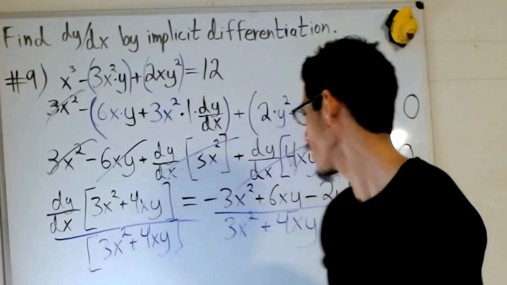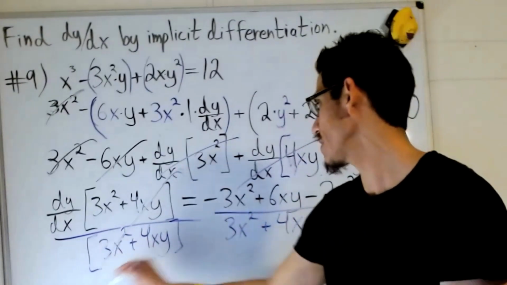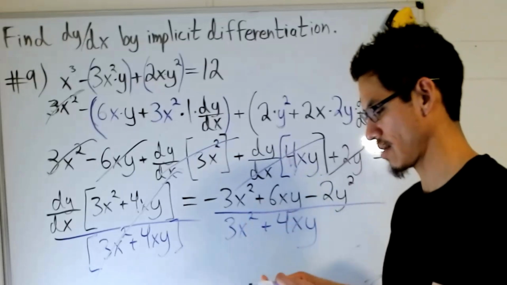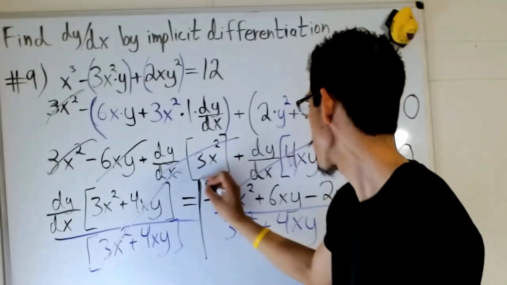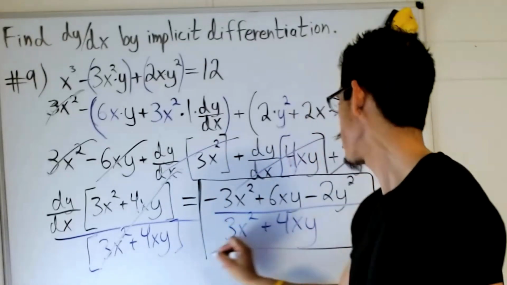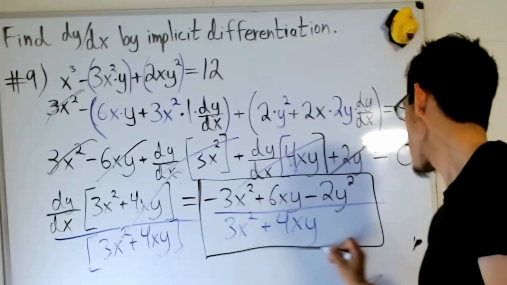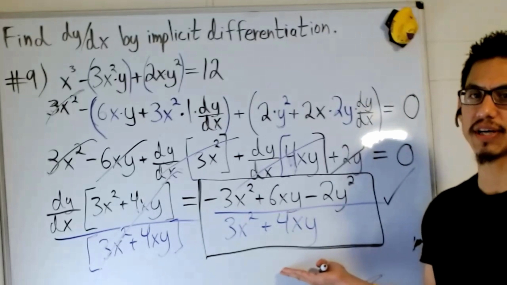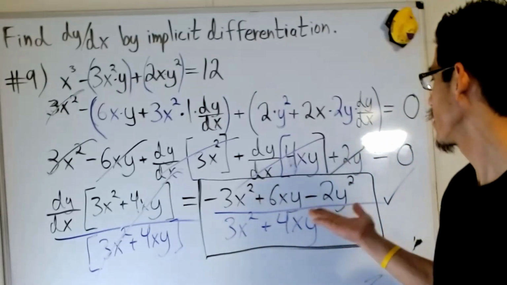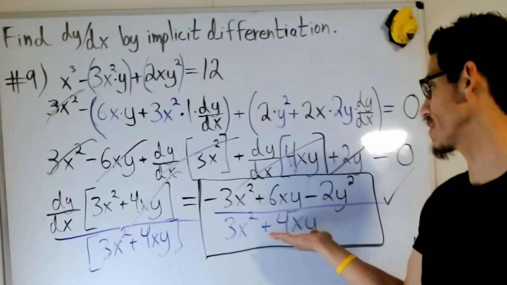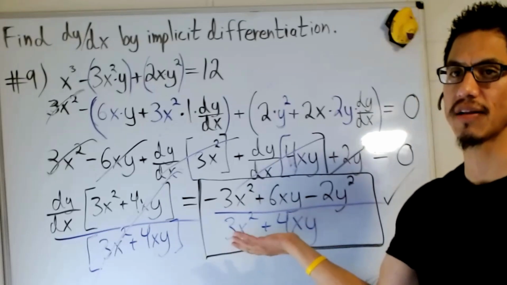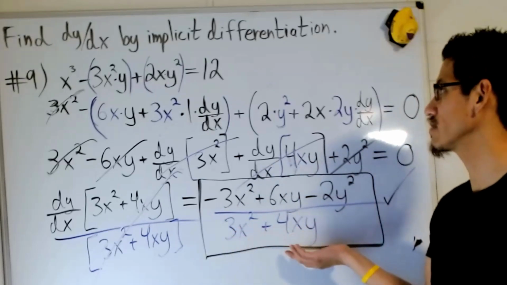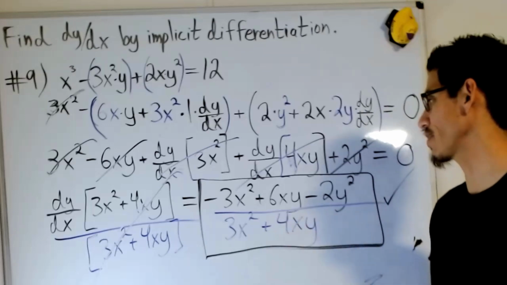And this goes away, and your dy/dx is just going to be equal to this whole thing. This will be your final answer, and you'll just have to get used to your answers not being all nice and clean. You're going to have some messy looking expressions. So no big deal. It's just how it works out.